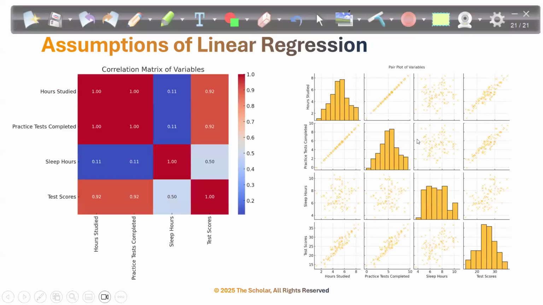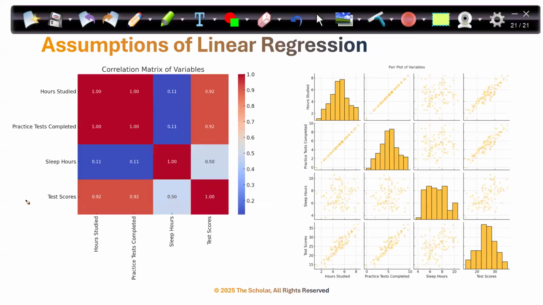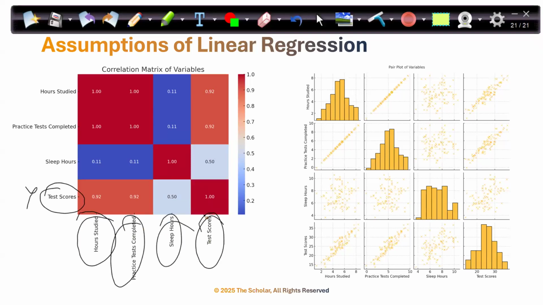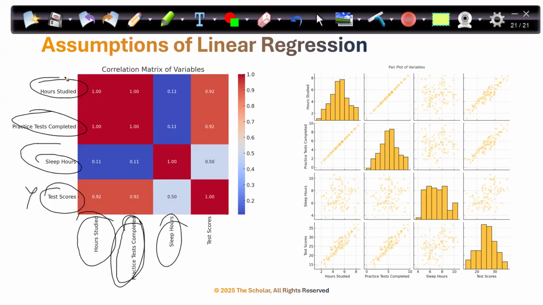How to check it? These are the charts which can help you to check, right? So these are my x's, for example. Test score is my y. These are my x's, right? So this is my y. And the same x's you can see here as well. You can see that with the practice tests completed and hours studied, the correlation is highest.